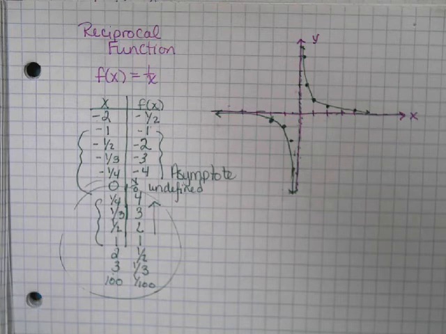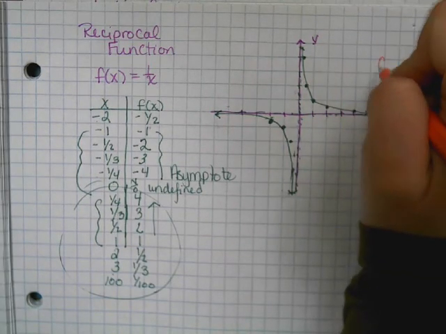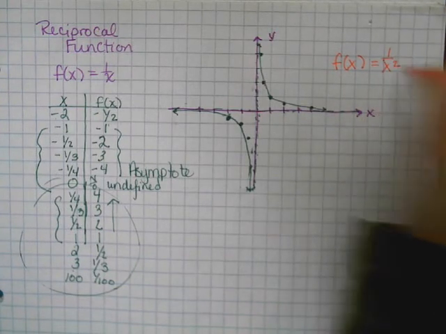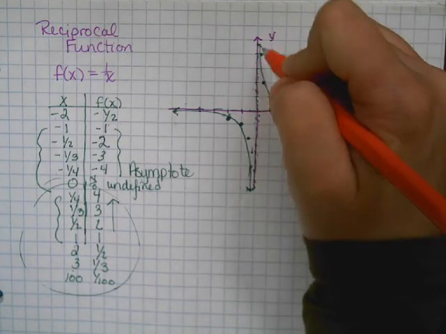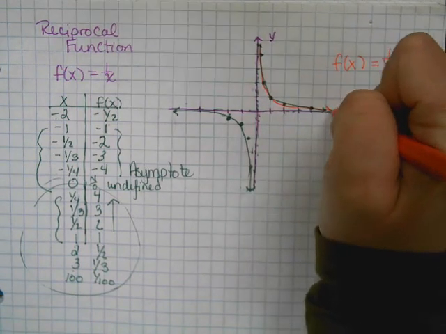Now, the reciprocal squared function is really similar. I thought it also has those same values in the first quadrant over here. So for the reciprocal squared, f of x equals 1 over x squared.